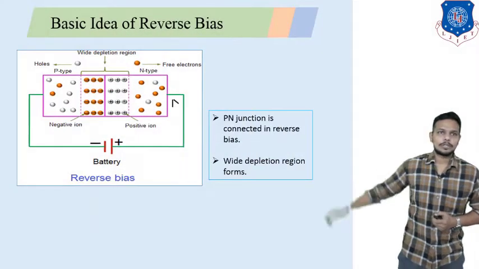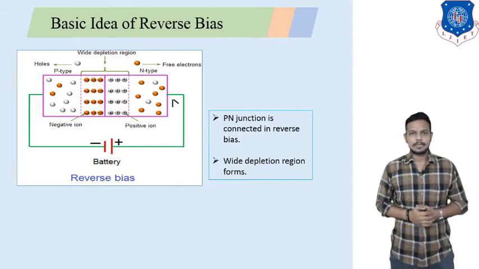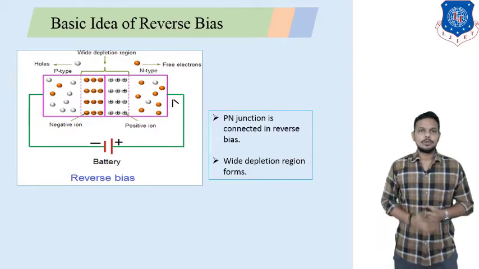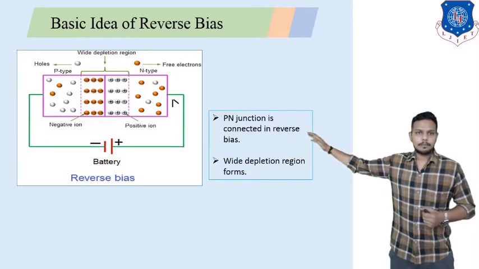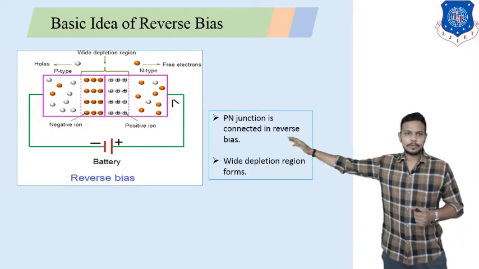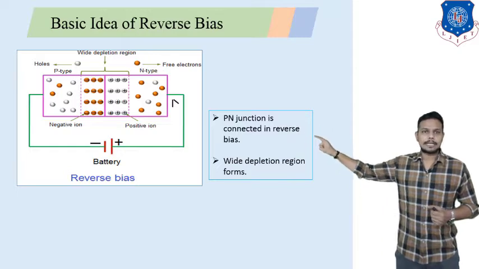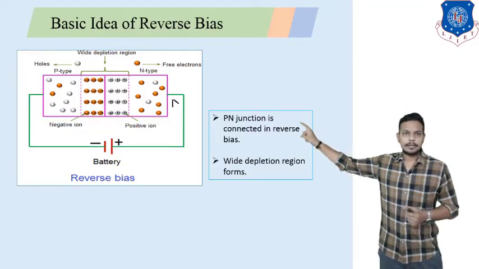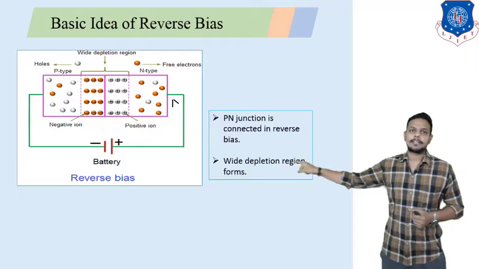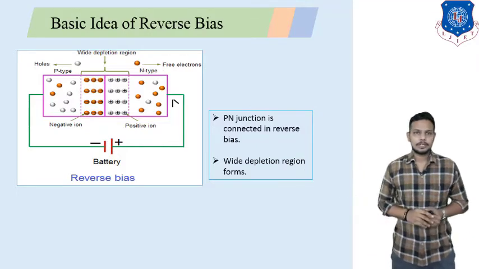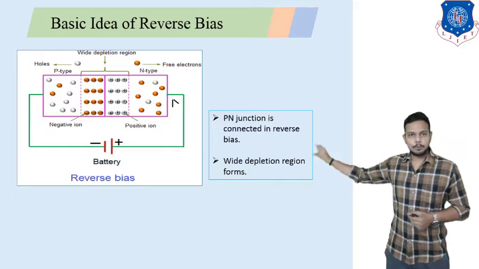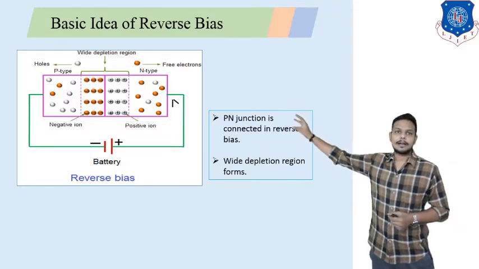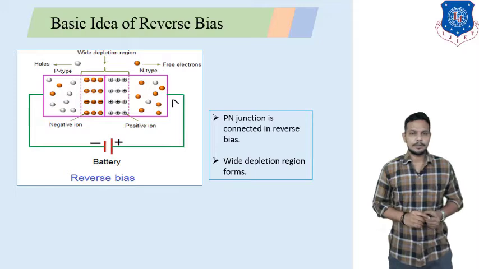Now let us discuss the basic idea of reverse bias. In this construction, the battery's positive terminal is connected with the n-type material and the battery's negative terminal with the p-type material. Electrons are always attracted towards the positive terminal and holes towards the negative terminal.